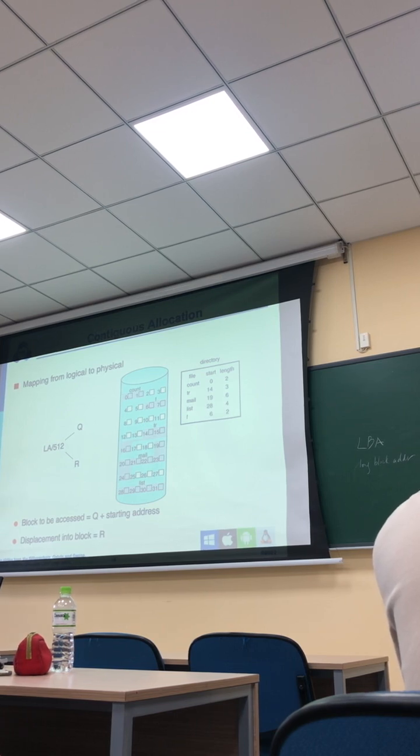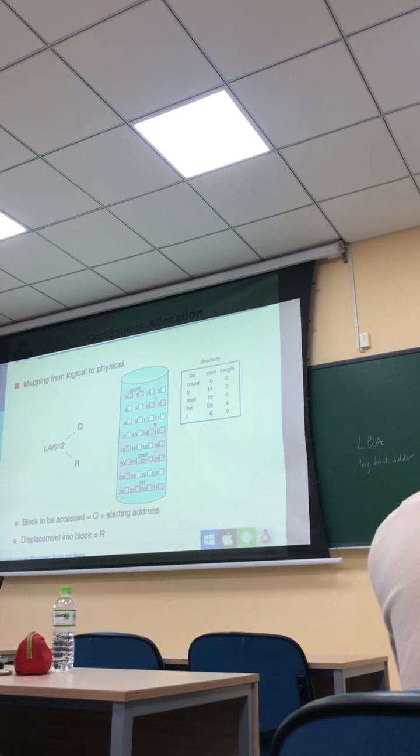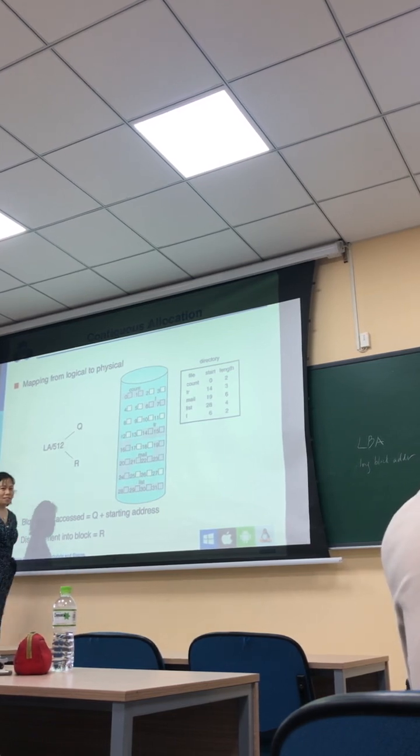The benefit. Normally we must analyze the benefits first. Okay? The benefit is random access. So for example, now I say that I want to read a certain block of the file list. So where is it?